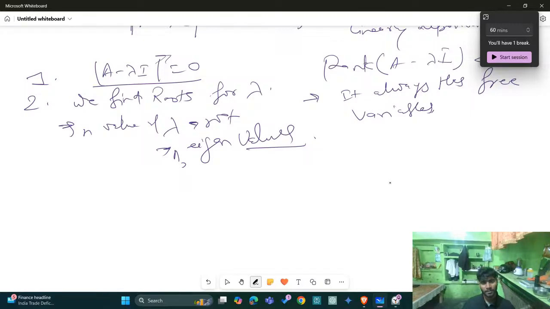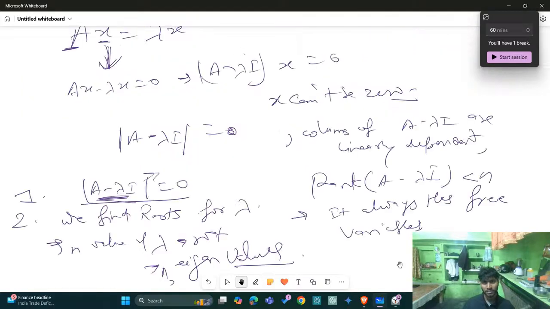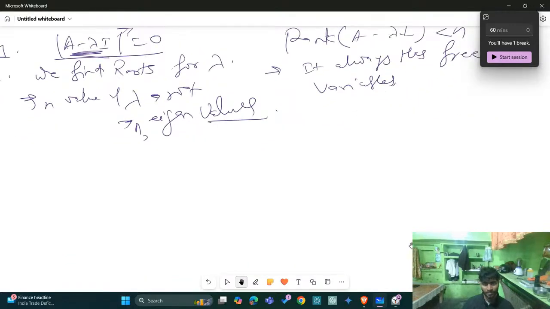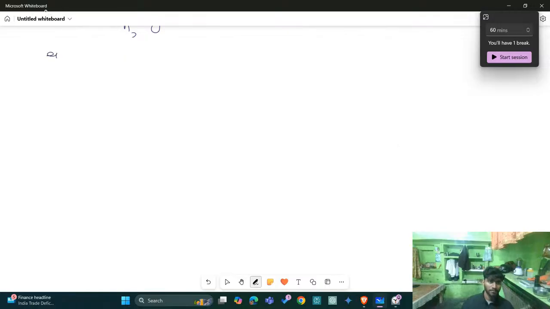We put these eigenvalues one by one in this equation and solve. We get eigenvectors. Then Ax, we get then Bx is equal to 0. Solve this, then get eigenvectors.